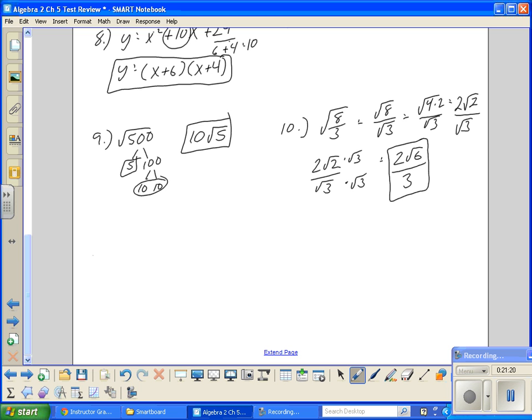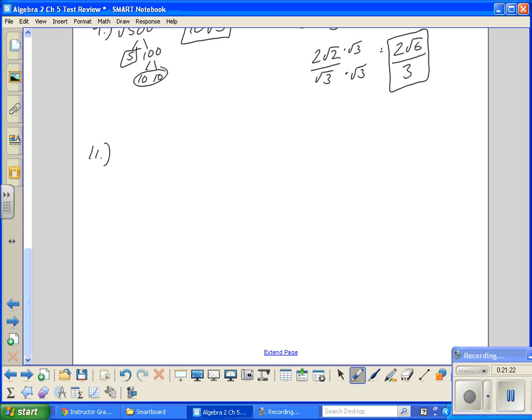And then 11, we're plotting negative 5 plus i, 4 plus 2i, and negative 3i on a complex plane. So on a complex plane, the horizontal is the real axis, the vertical is the imaginary.